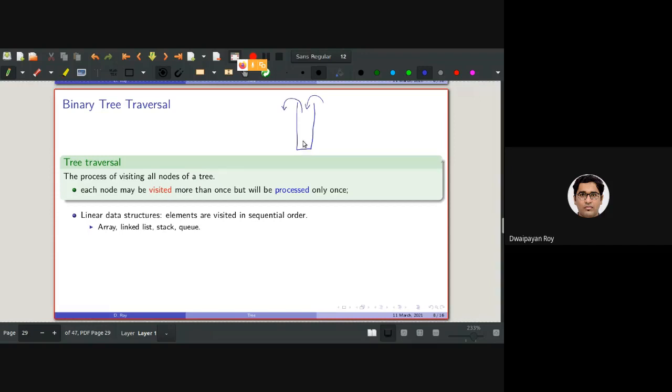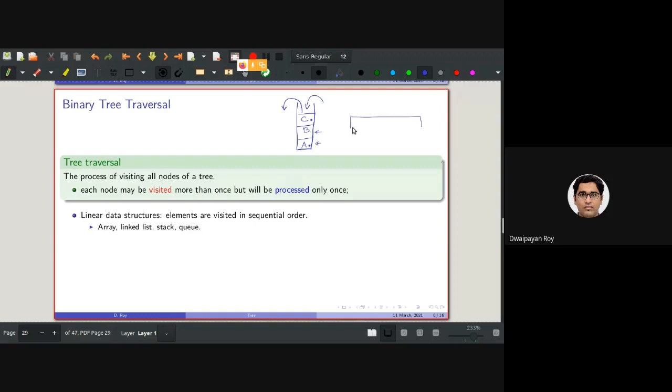If I put some values here, say A, then B, then C, I will be unable to access B or A without accessing C. First we have to access C, then B, then A, in this order.